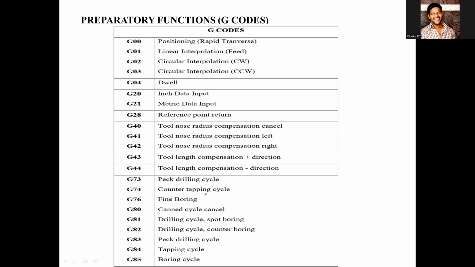Tapping means creating a thread in a previously drilled hole. So we have continuous drilling, peck drilling, counter tapping cycle, fine boring; G80 cancel cycle, G81 drilling cycle, G82 drilling cycle with counter boring, G83 peck drilling, G84 tapping cycle, G85 boring cycle. All these are drilling parameters.